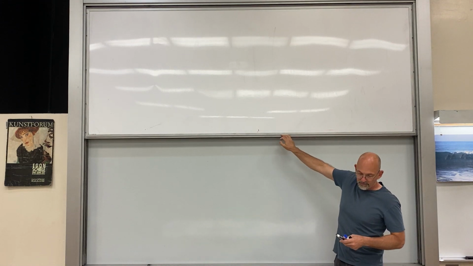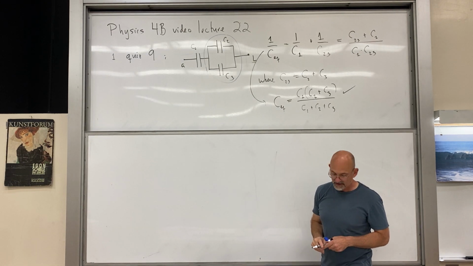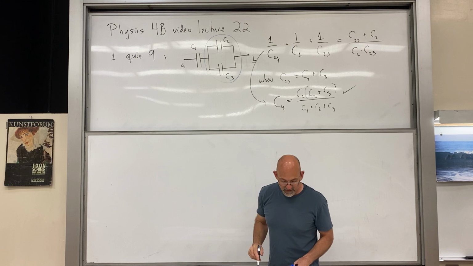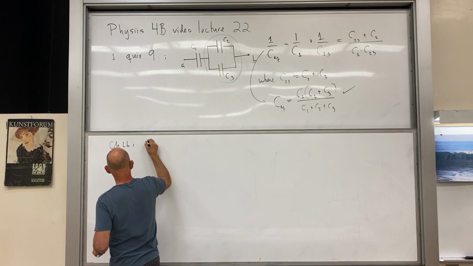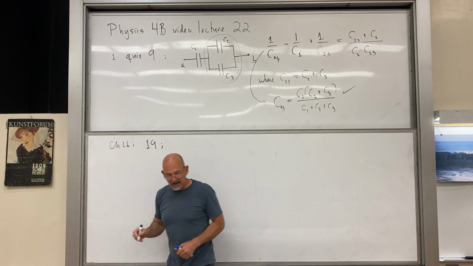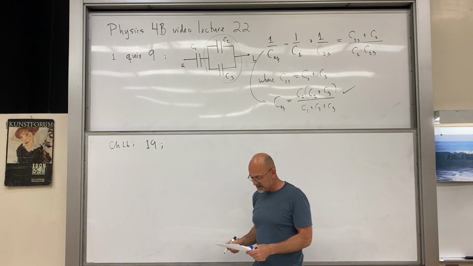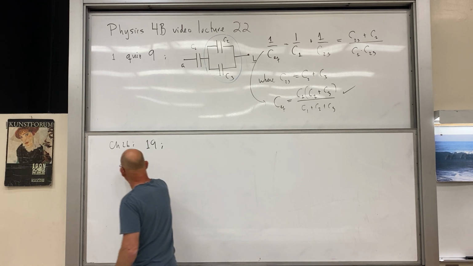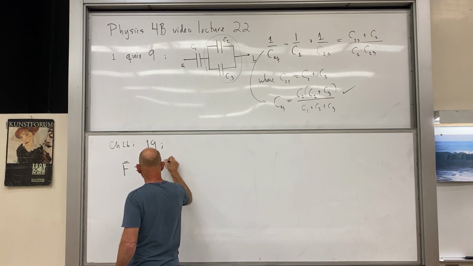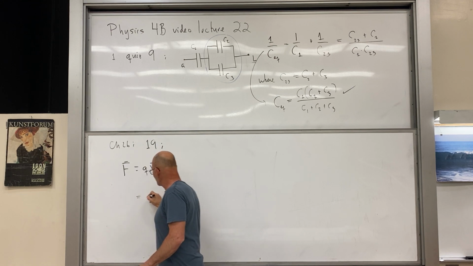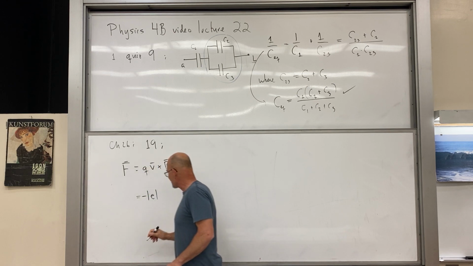Other problems were from chapter 26. So what we're going to look at is chapter 26, problem 19. Now, problem 19 was really just the direct application of the vector product. So we have F equals Q V cross B. Now, they told us it was an electron, so we have to be careful to have that minus sign there.